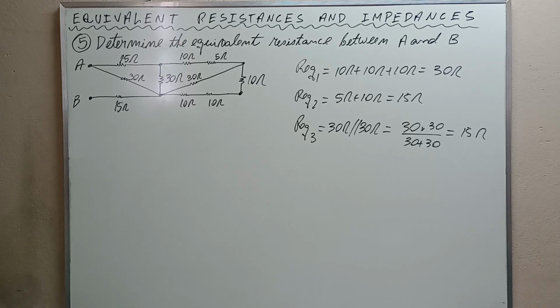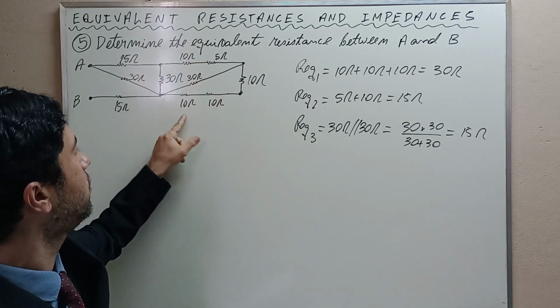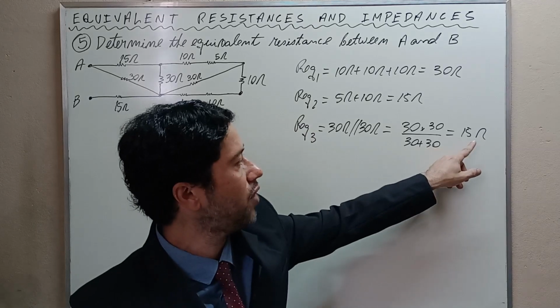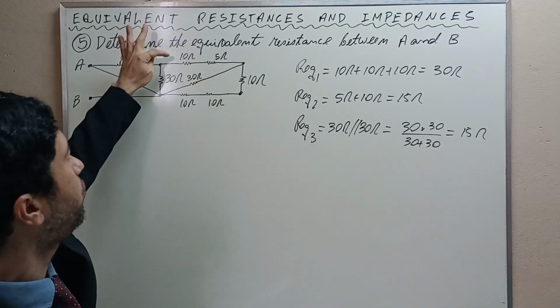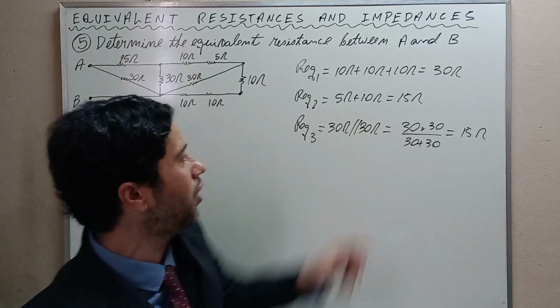Next, there will be two 15 ohms resistances in series. Okay, we replace all this and this by this, and this in turn will be in series with this, which is 15.